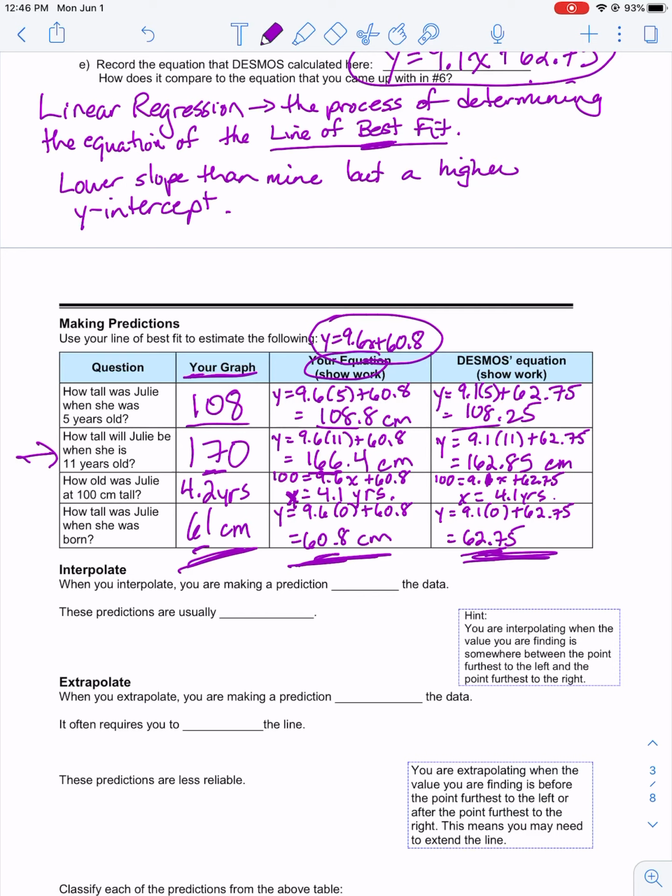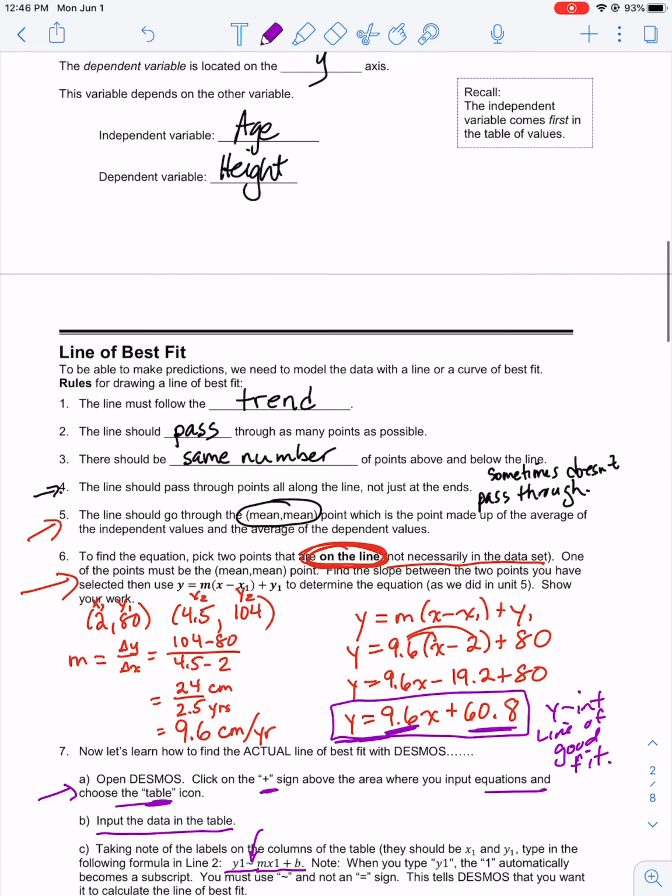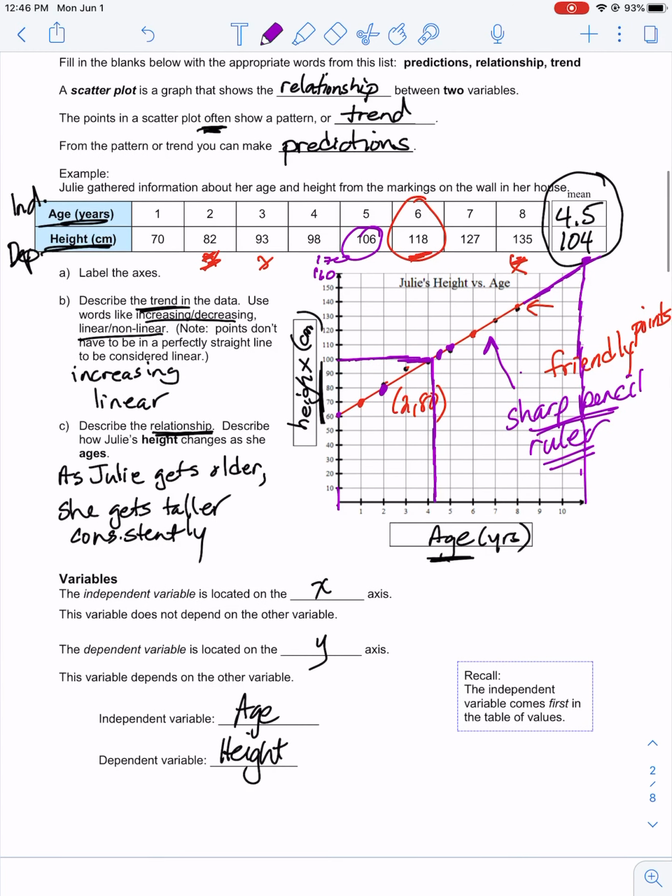So when you interpolate, you are making a prediction within the data. If I go back to the graph and draw a box in green around the data points, any prediction that is made inside that box is called interpolation.